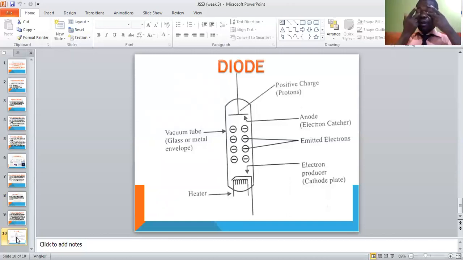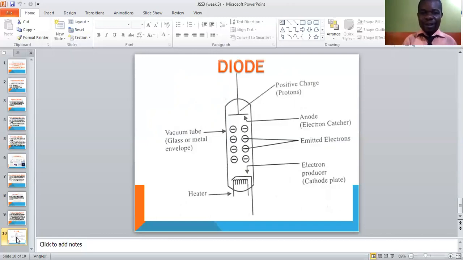One is written plus and the other one is written minus. That is positive and negative. You see at one end you have plus, at the other end you have minus. So also the diode, as an electronic device, has a positive side and a negative side. It has the anode and the cathode. That is what we are talking about.